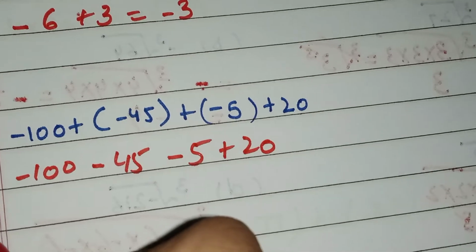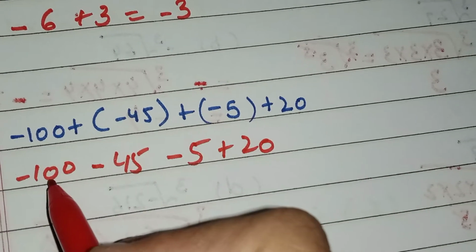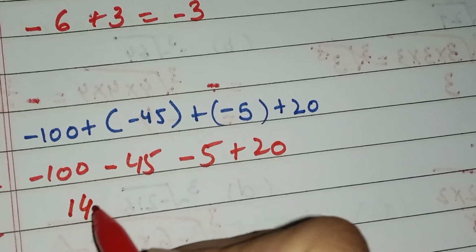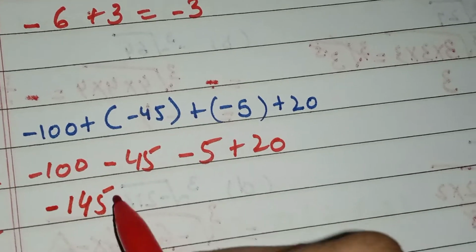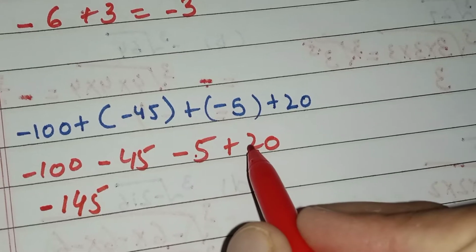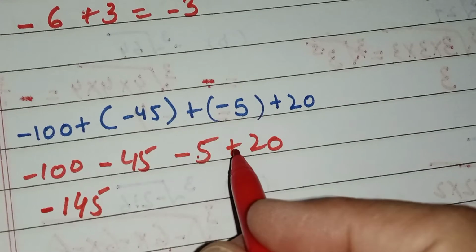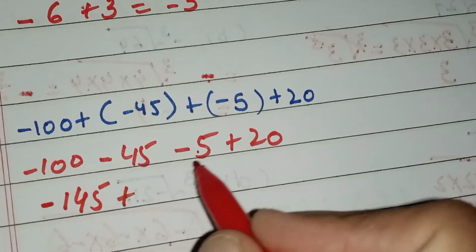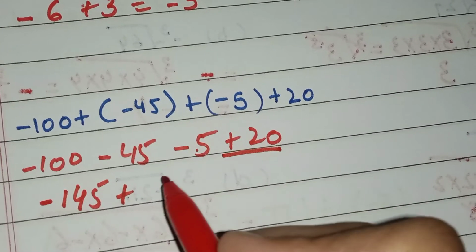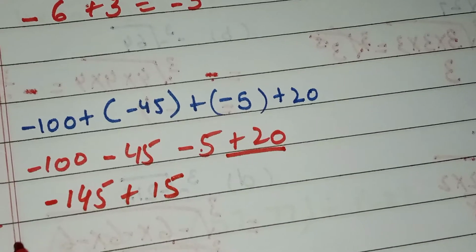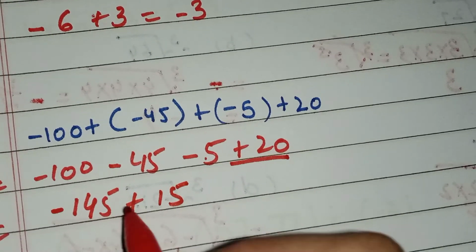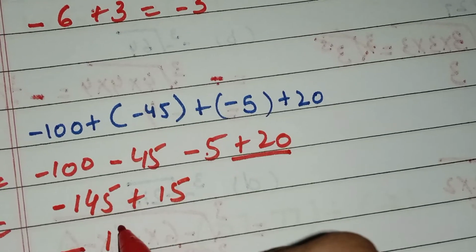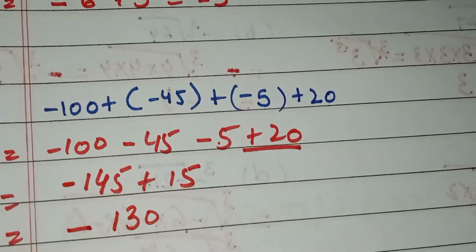So student, here minus 100 and minus 45 operation is addition and the sign is minus, and minus 5 plus 20 operation is subtraction, but the sign is plus because 20 is a big number and its sign is plus. I receive 15. When I solve this, minus plus minus, the sign is negative and the answer is minus 130.